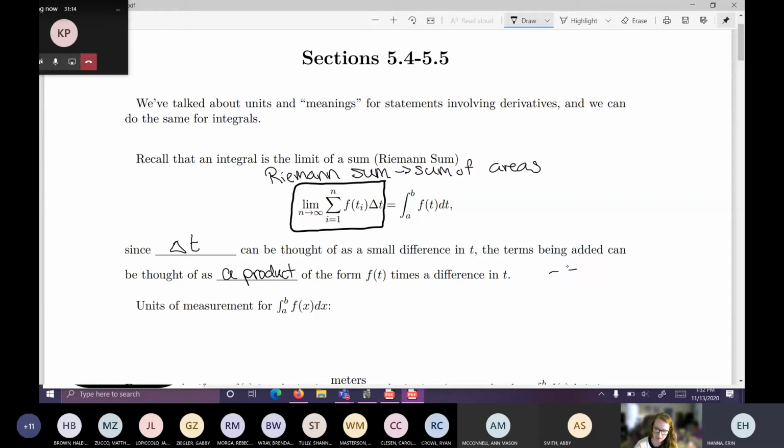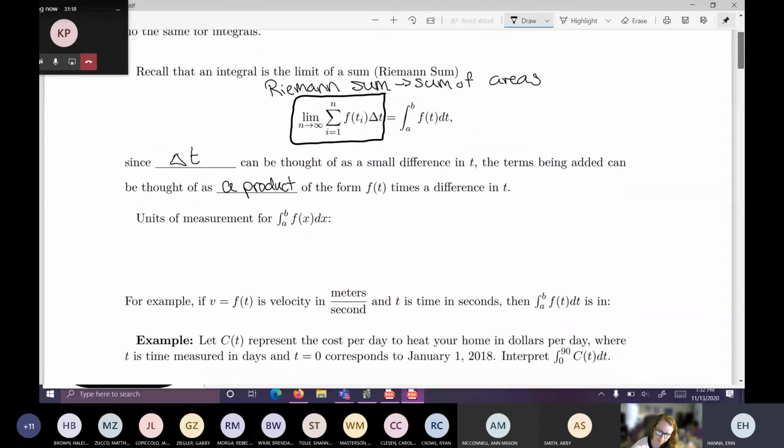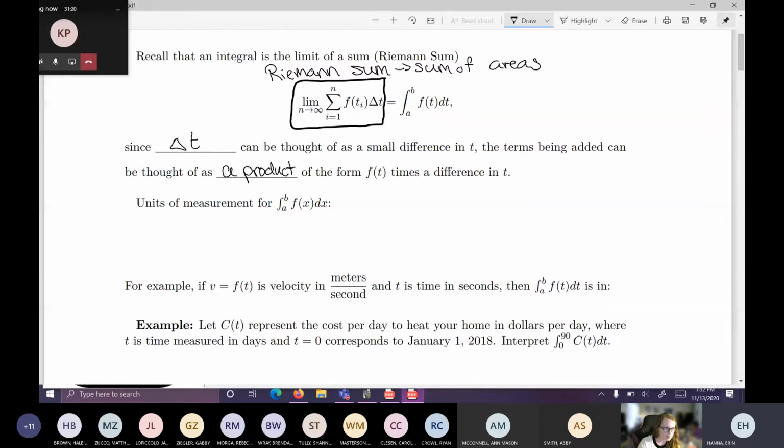So the units of an integral are going to be the units of f of x, or f of t, whatever variable you're working with, multiplied by the units of x. So it's the units of f of x times the units of x.